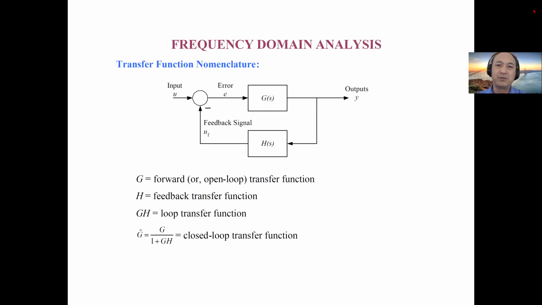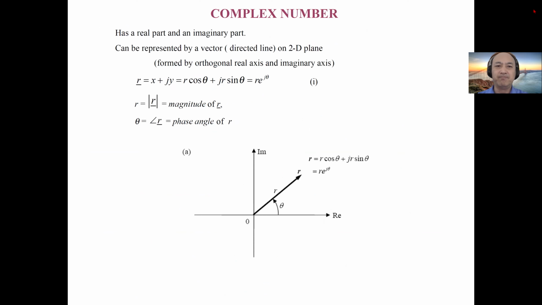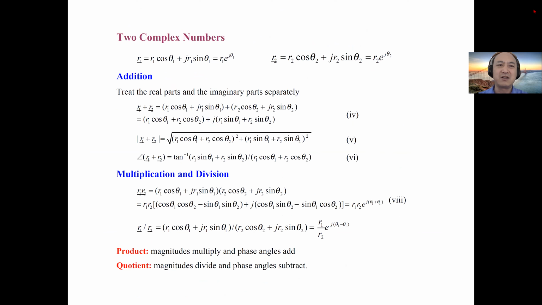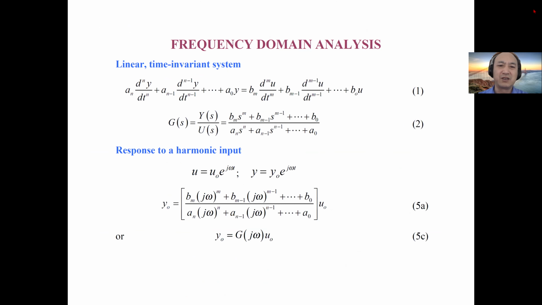I hope you do frequency domain nicely. You know how to do a Bode plot. But to do a Bode plot, you need to know complex number operations. I hope we have talked about this before, different quadrants concept, complex number operations. These are a review of high school stuff, okay? We have gone through all this already.